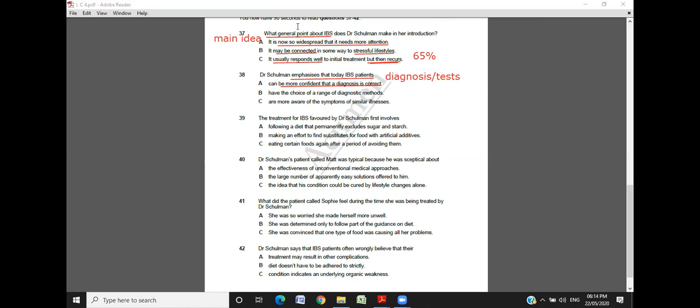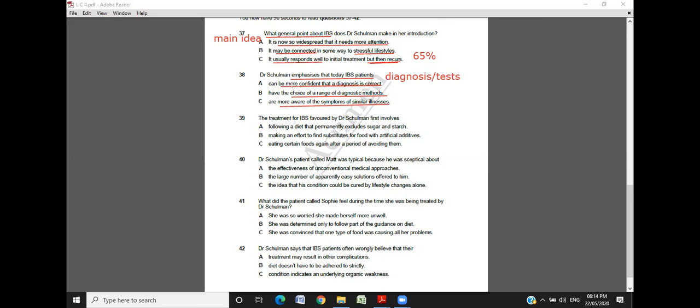They have choice. And choice means you have 6 options to choose from, and more aware of symptoms of similar illnesses, not IBS. That is why I always try to point out that you can't just go by one word. You can't just go by "aware of symptoms," but aware of symptoms of not IBS but of other illnesses.